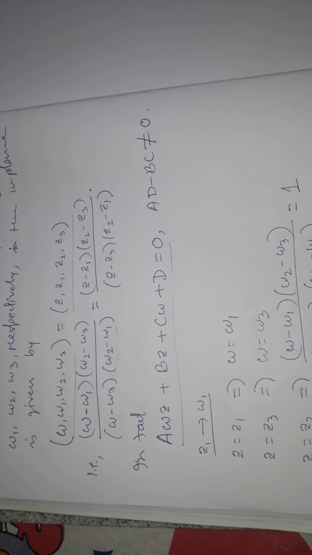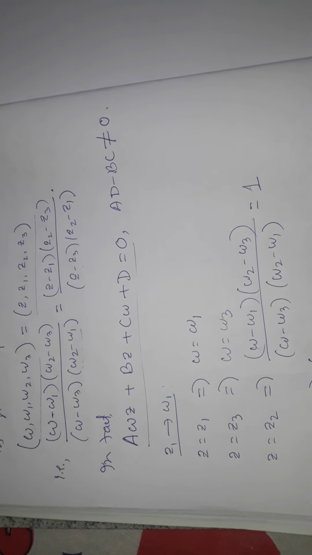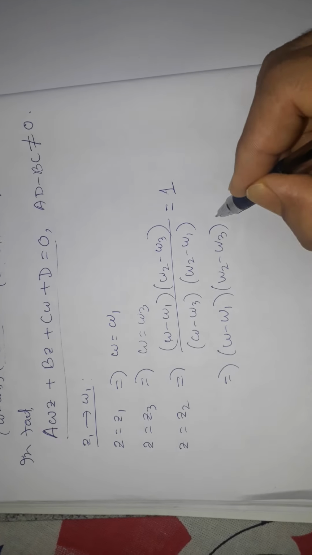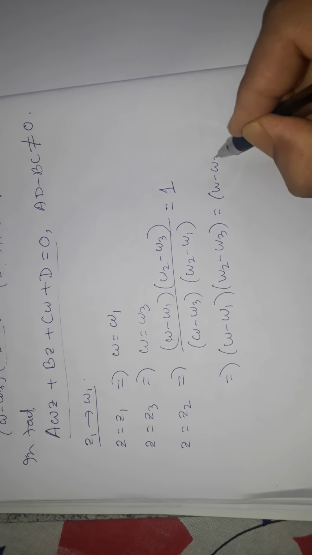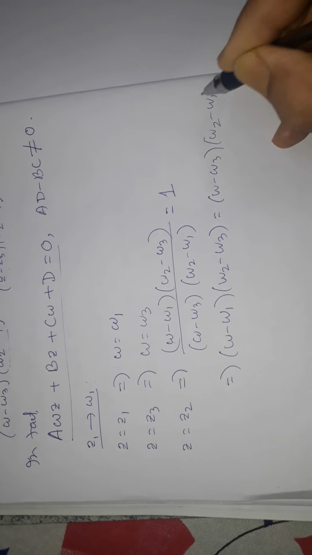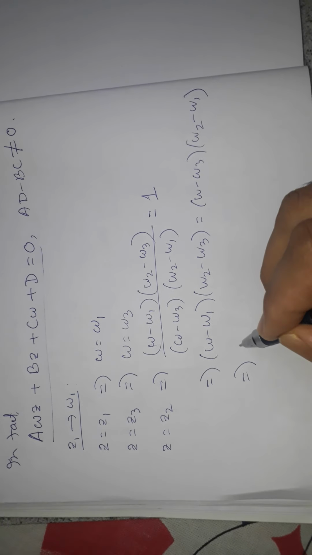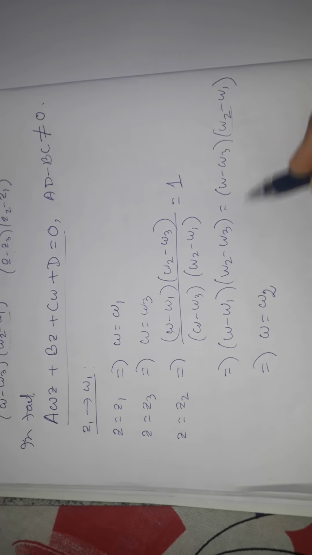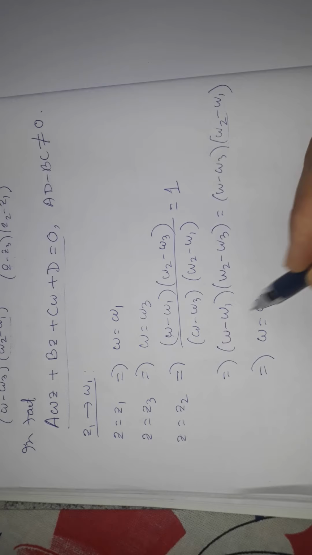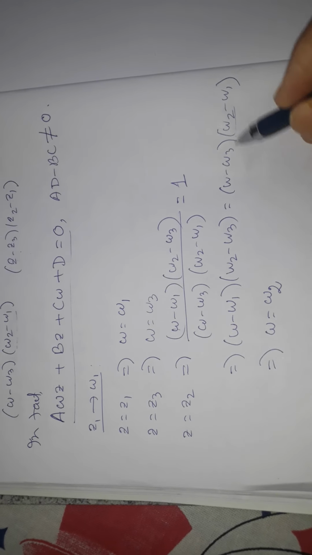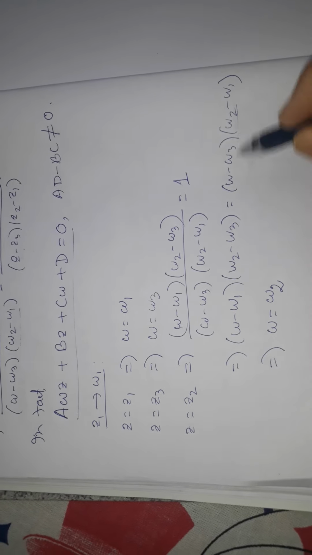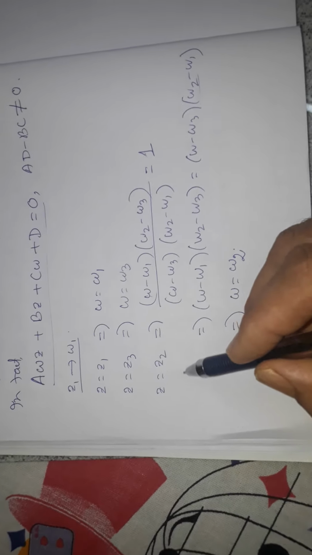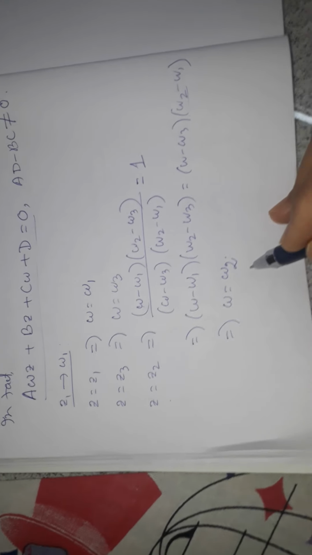So this becomes (w minus w1)(w2 minus w3) equal to (w minus w3)(w2 minus w1). You can simplify it, and if I put w equal to w2, this is satisfied, and this is just a linear equation in w, so w equal to w2 is the only solution. So you see that z equal to z2 goes to w equal to w2.